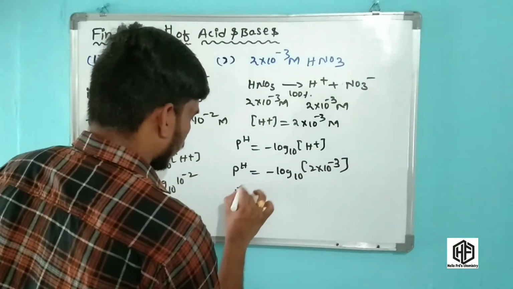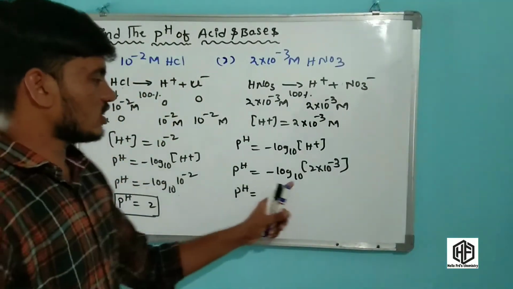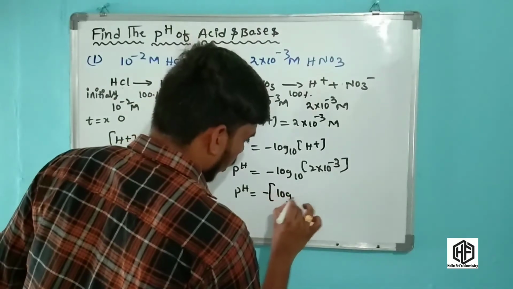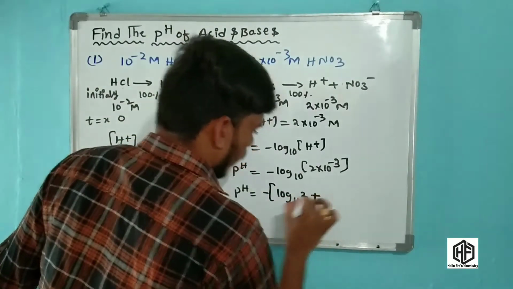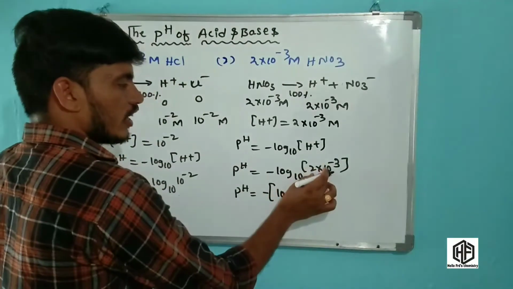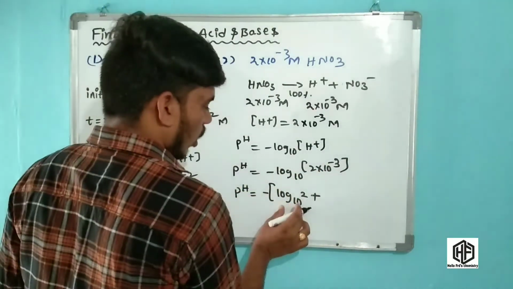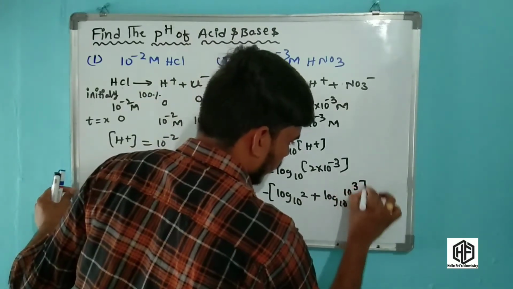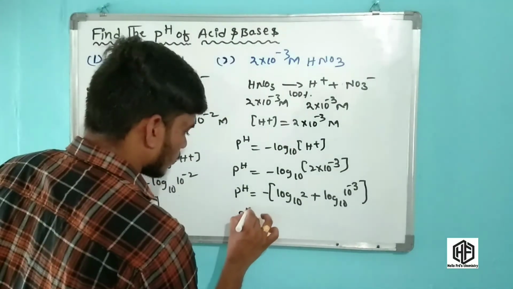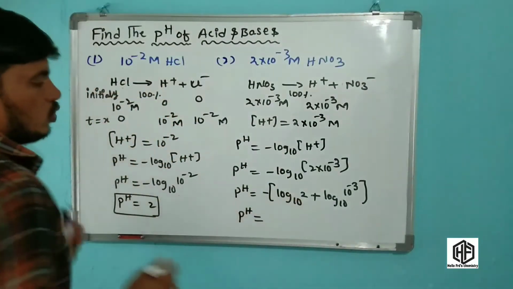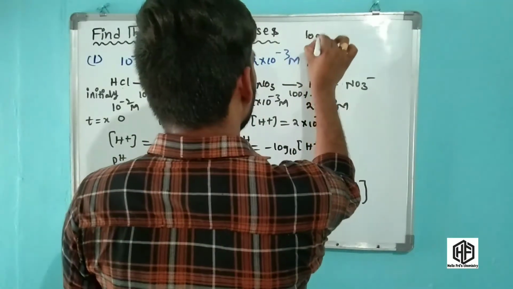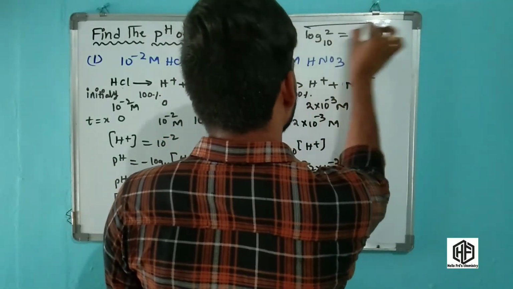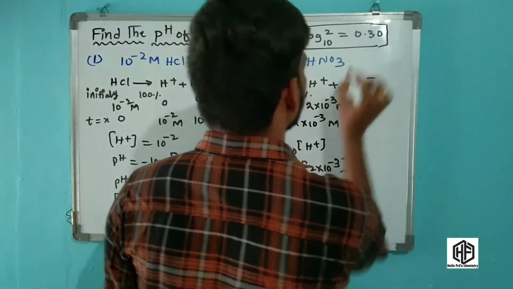Friends, minus is common, so pH is minus of log 2 plus log 10 to the power of minus 3, because log of A into B is log A plus log B. Now, friends, the log 2 value is 0.30. This is very important: the log 2 value is 0.30.